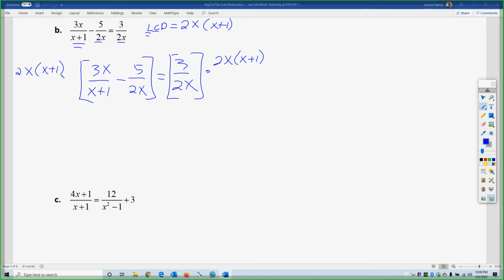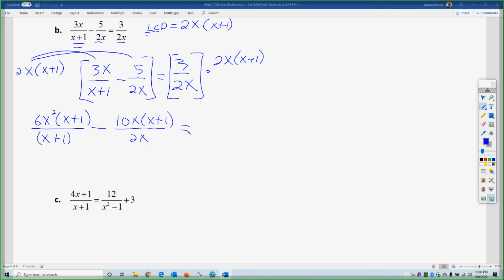Okay, so distribute. That's going to give me 6x squared times x plus 1 over x plus 1 minus 10x x plus 1 over 2x equals 6x x plus 1 over 2x.